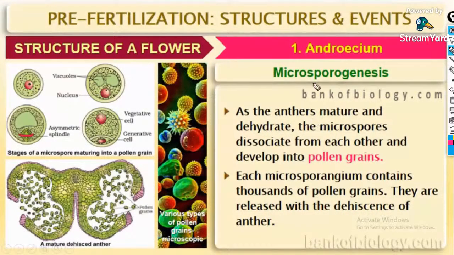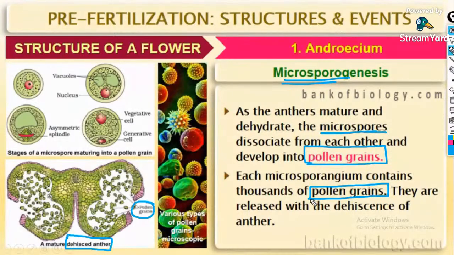Microsporogenesis is the formation of microspores from the pollen mother cell by the process of meiosis inside the anther. As the anther matures and dehydrates, the microspores dissociate from each other and develop into pollen grains. These are the pollen grains, and this is the typical structure of a mature anther after dehiscence.